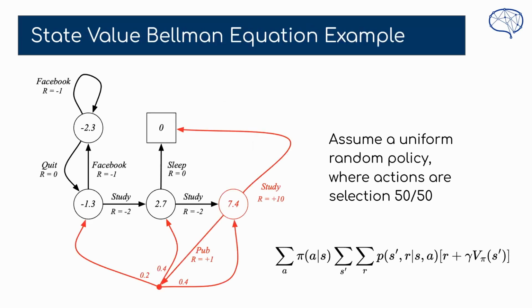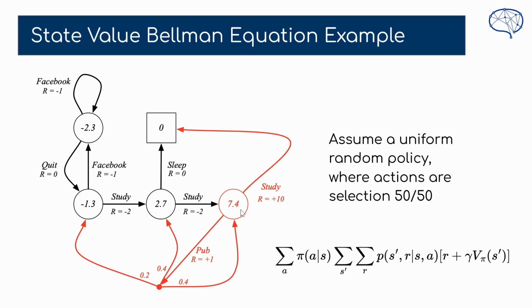I already gave you guys kind of a preview to this page. Looking at the equations themselves, it's a little bit confusing, so let's actually just walk through an example. Let's assume that you want to recompute your state value for this red state over here.